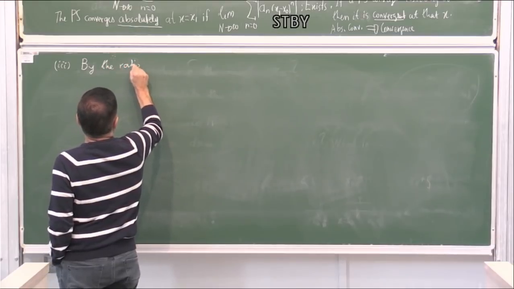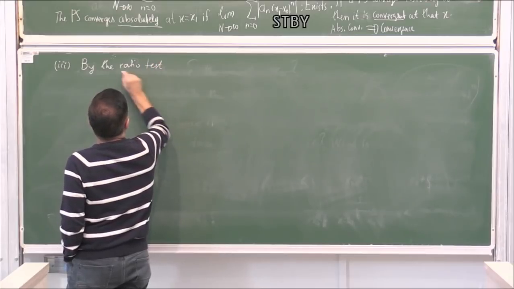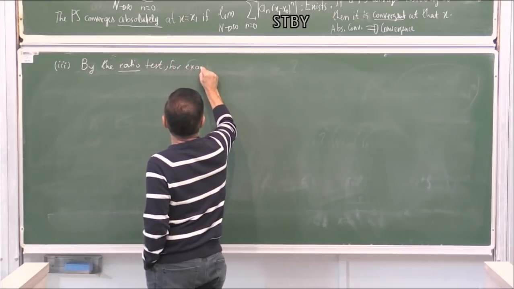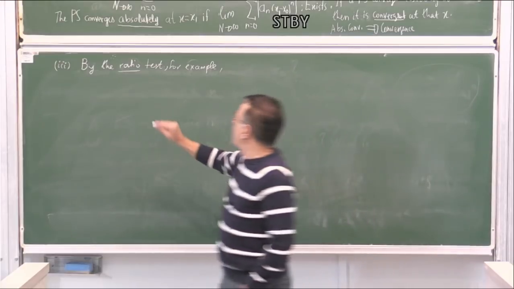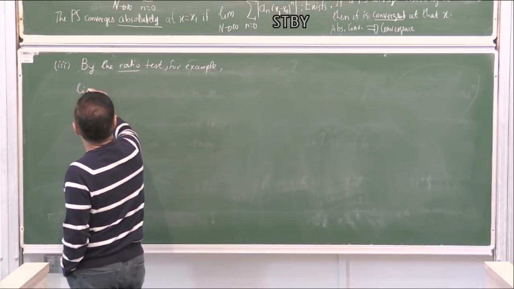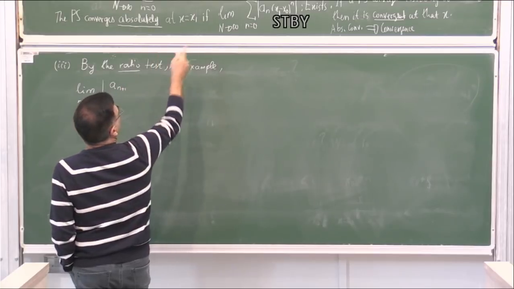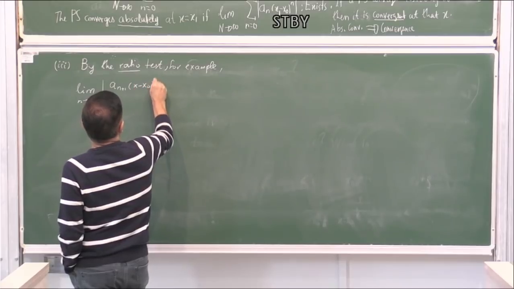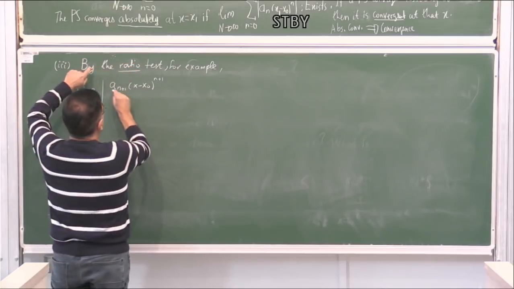remember the ratio test of calculus. By the ratio test, for example, we look at this limit, the limit when n goes to infinity, of the ratio of two consecutive terms in the power series. This is the n plus first term in the power series.